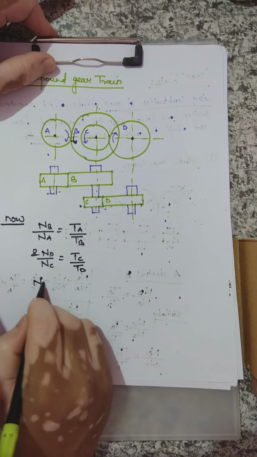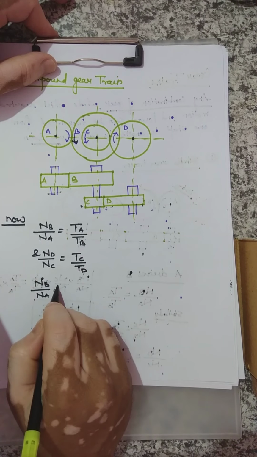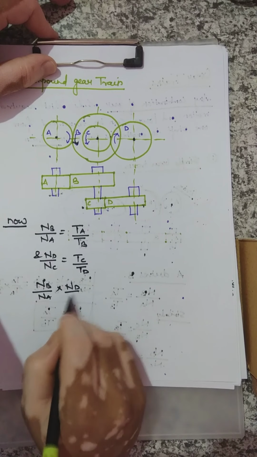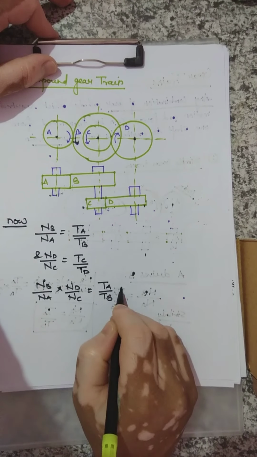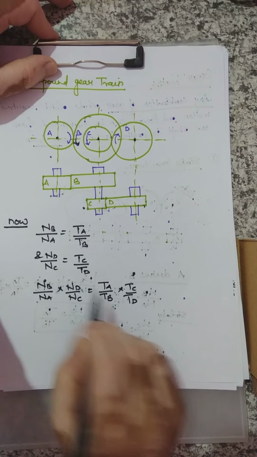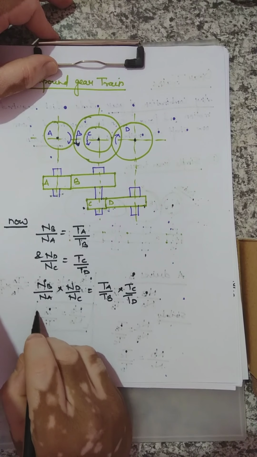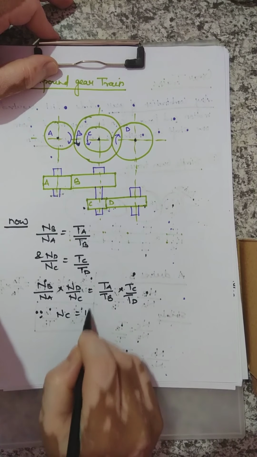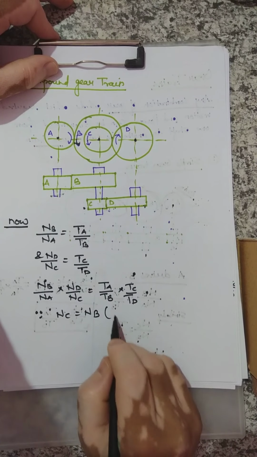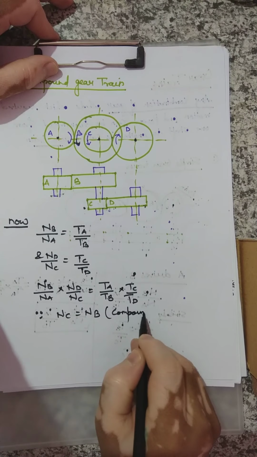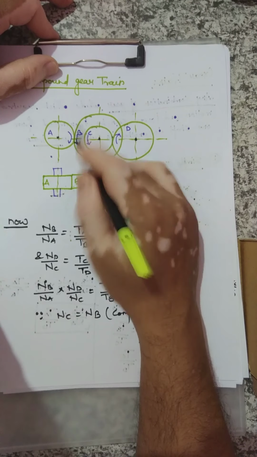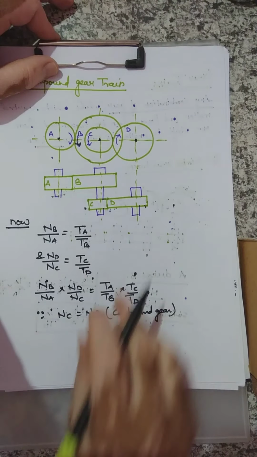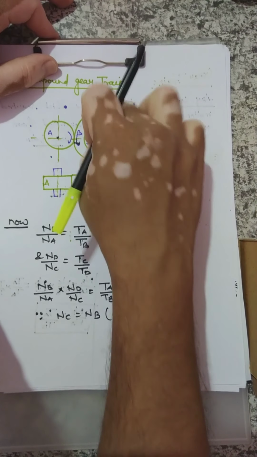Now NB by NA into ND by NC is equal to TA by TB into TC by TD. Now since NC is equal to NB, because of the compound gear, B and C have the same velocity because they lie on the same shaft.